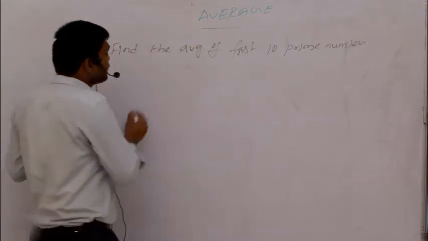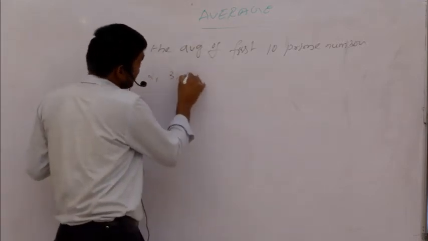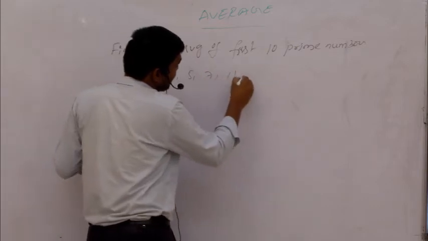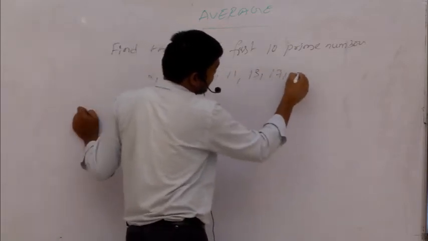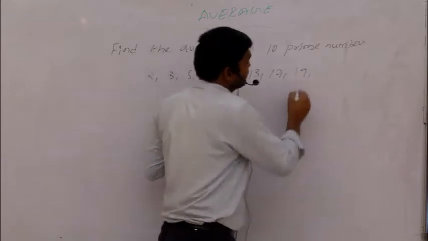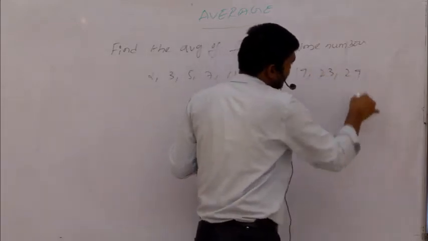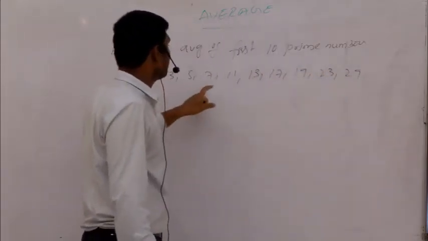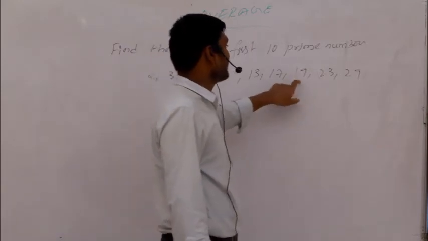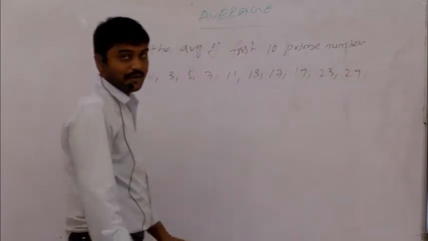So, 10 prime numbers are 2, 3, 5, 7, 11, 13, 17, 19, 23, 29. 1, 2, 3, 4, 5, 6, 7, 8, 9, 10. Those are 10 prime numbers.